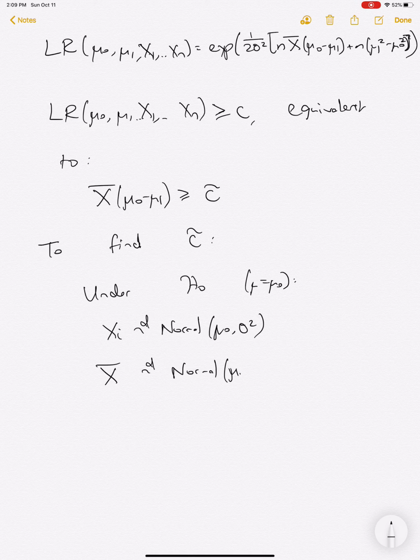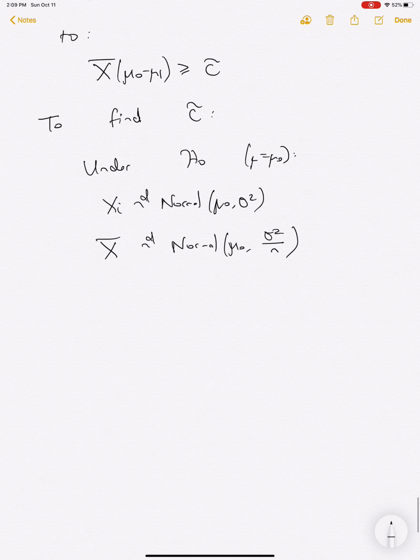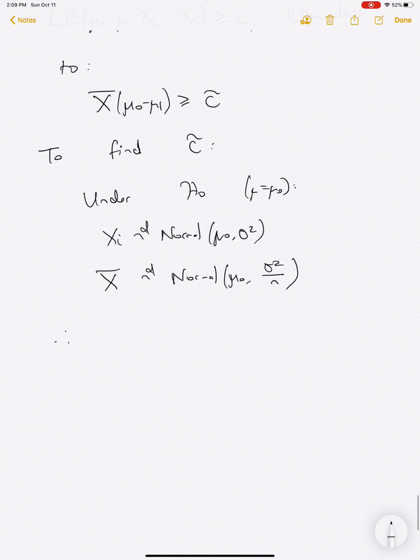That's going to be distributed normal with mean mu naught and variance sigma squared over n. Therefore, we note that root n, so hopefully these are calculations you're comfortable with at this point, is a normal 0, 1.